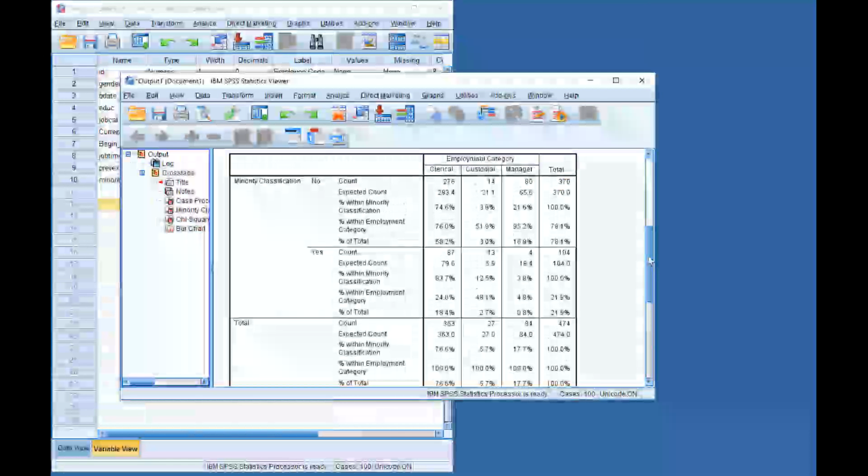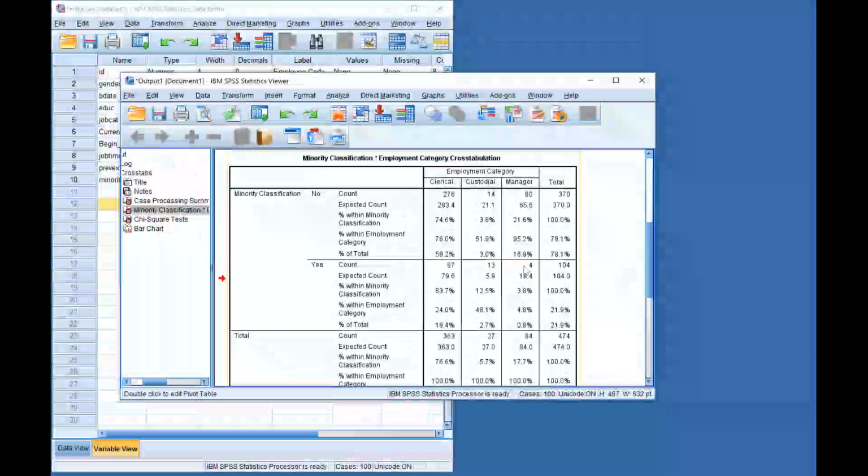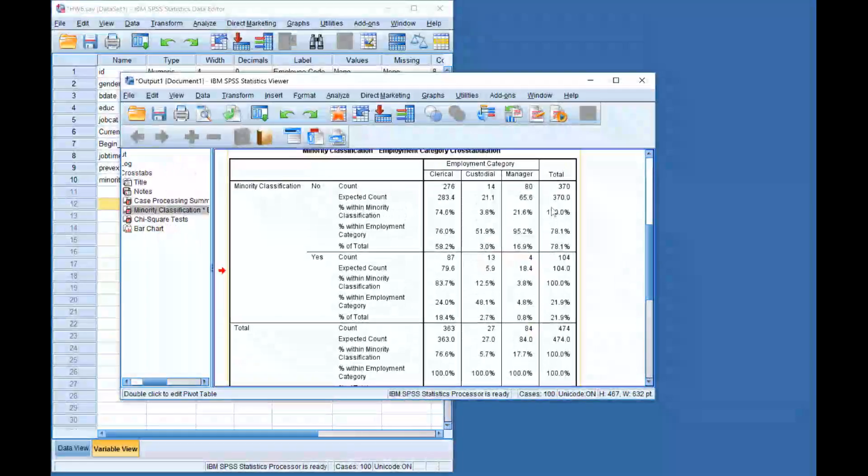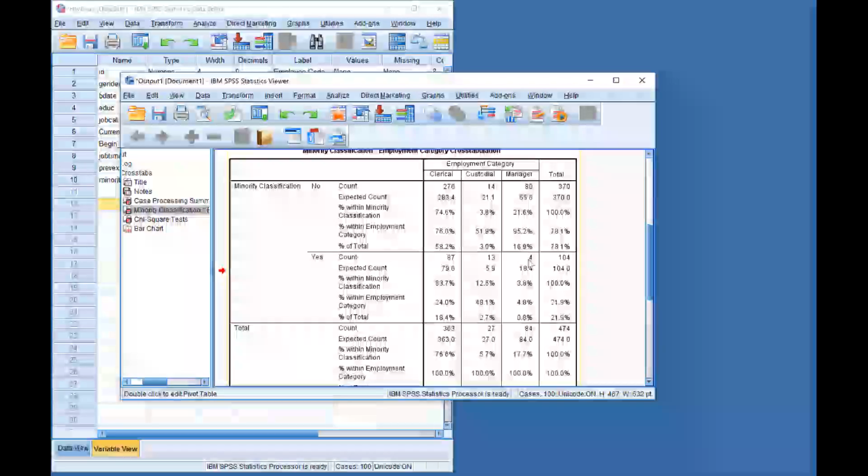So if we look at just the crosstab, we can see that there's a significant difference in the number of managerial positions, positions of authority, held by non-minorities and minorities. Non-minorities have 80, minorities have only 4. So there's a huge difference there, a huge relationship.